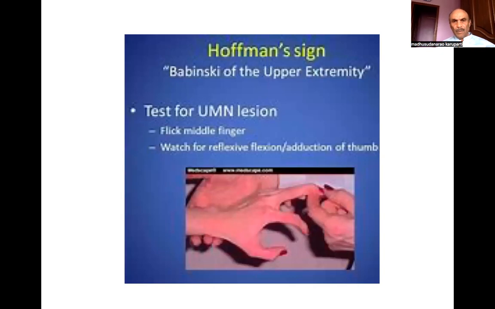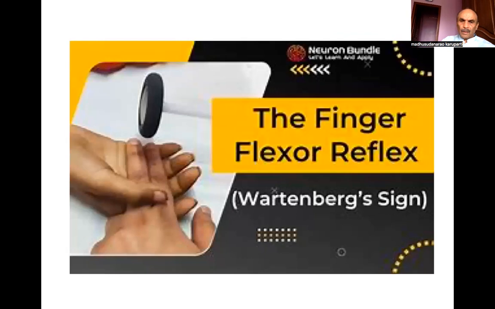When you flick the middle finger and watch the thumb, there is flexion or adduction of the thumb. This is the Wartenberg sign, an alternative to the main Babinski reflex that is performed in the upper limbs.